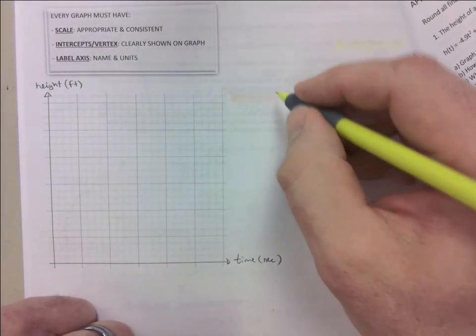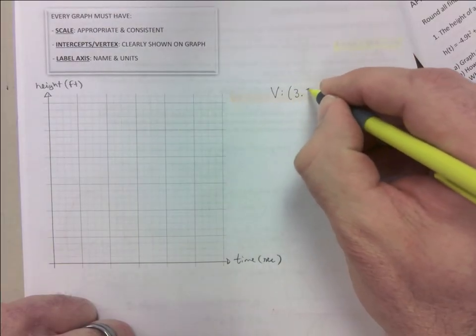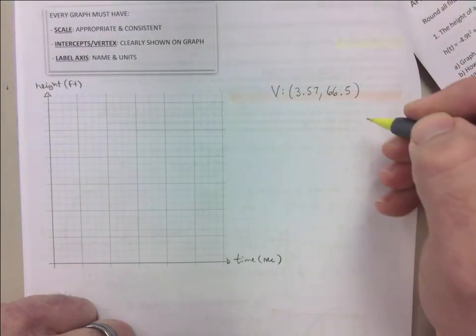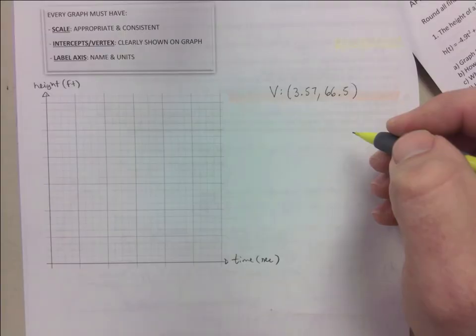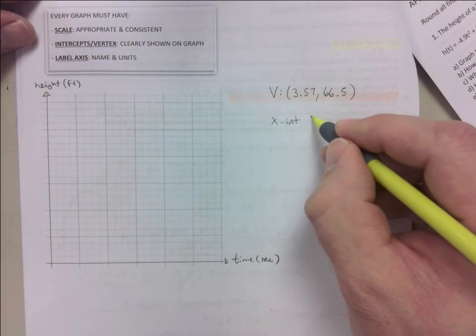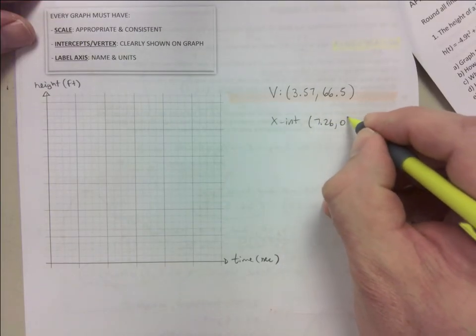And I will do this on the side here. The vertex is (3.57, 66.5). The x-intercept is 7.26.